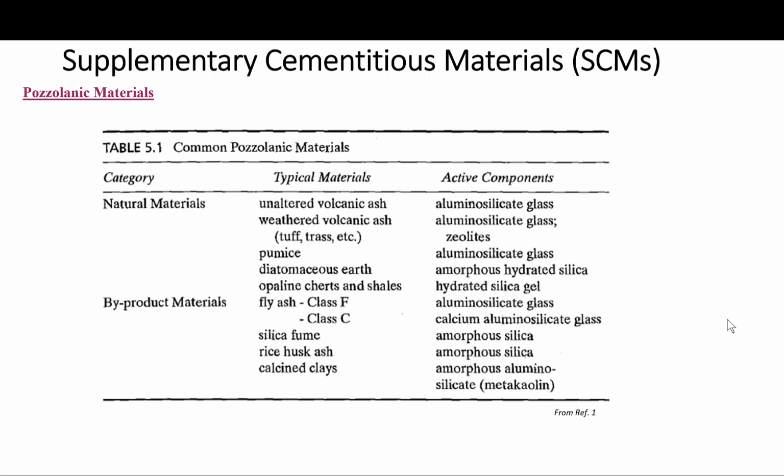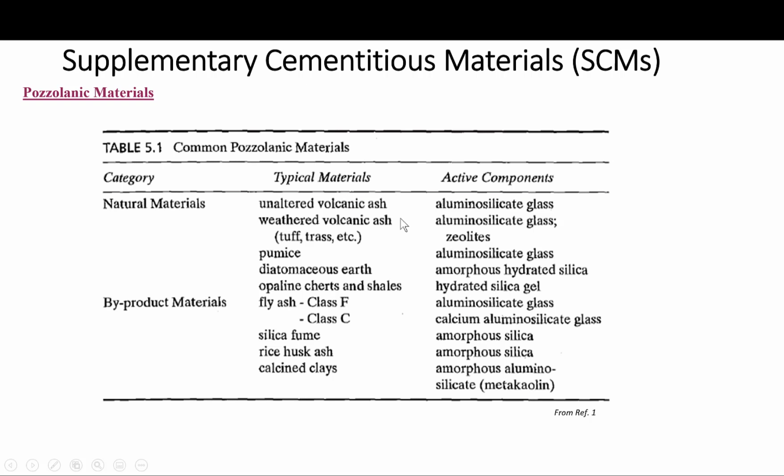This table here shows the common pozzolanic materials classified as natural and byproducts. We already have touched upon some of these materials. If you remember, the natural materials we have are the unaltered volcanic ash, where the active component is the aluminosilicate glass.